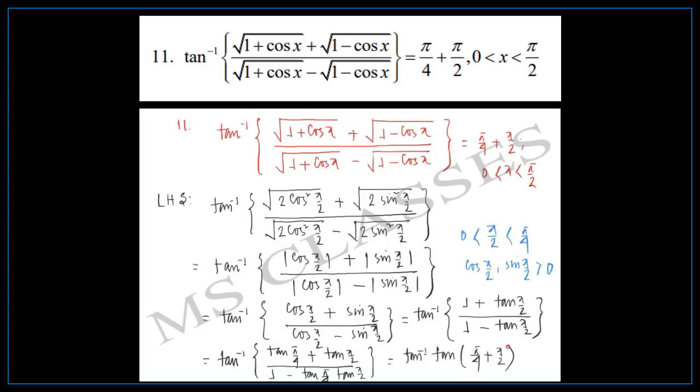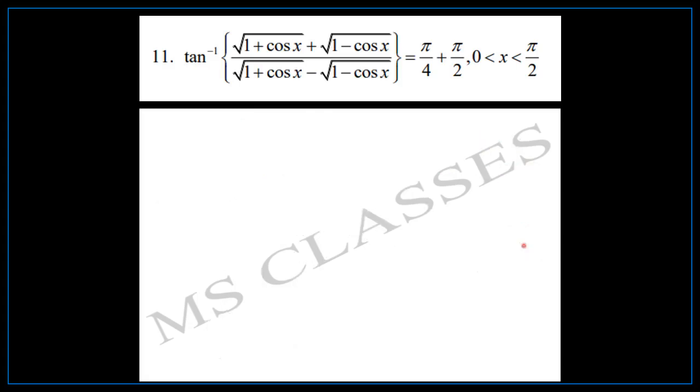Now x by 2 lies from 0 to pi by 4, greater than 0 less than pi by 4.